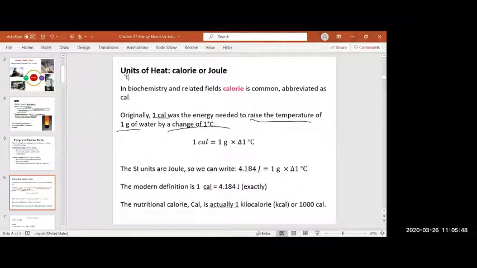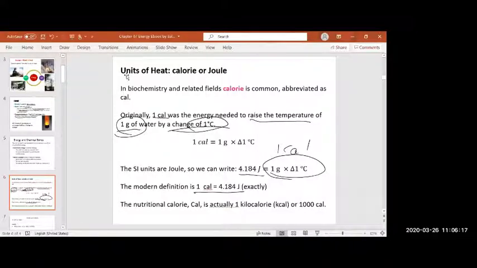The SI unit, as I said, is the joule. 4.184 joules gives you this amount, 1 gram times the change of 1 Celsius degree, which represents 1 cal. So 1 cal is equal to 4.184 joules.